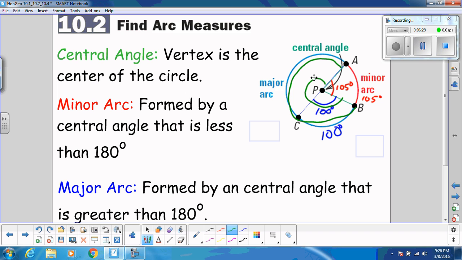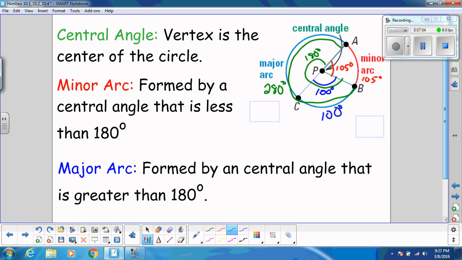We know that this straight angle is 180, and then this is 100, so this whole arc would be 280 degrees. Obviously then this 105 is not correct because we know that has to be 360 degrees, but I was estimating there, so we can change that if we want. All I'm trying to point out is the difference between a major arc and a minor arc, and how we know how many degrees each of those arcs is.